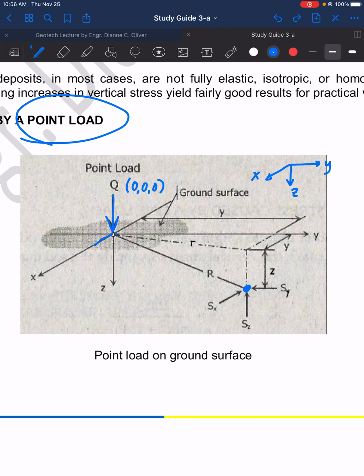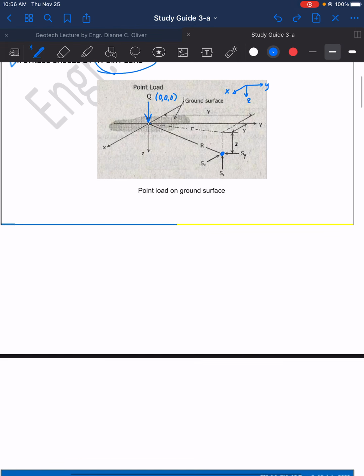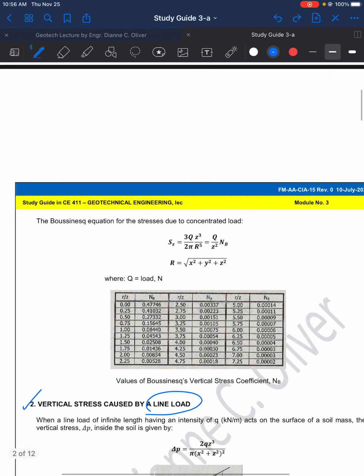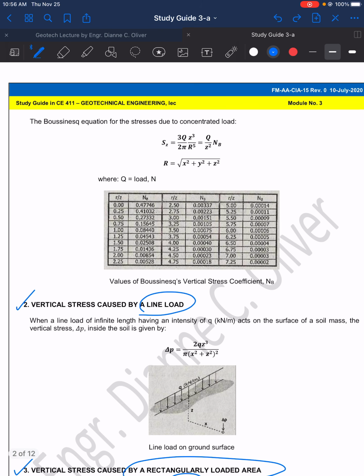So the location is a certain point on the y-axis, a certain point on the x-axis, and then downward at a certain depth Z. The formula to be used here is the Boussinesq equation for the stress due to concentrated load.